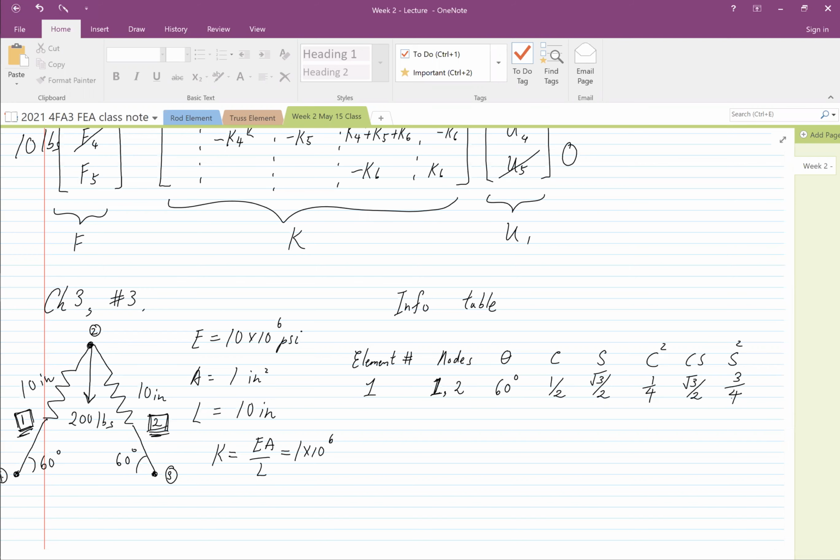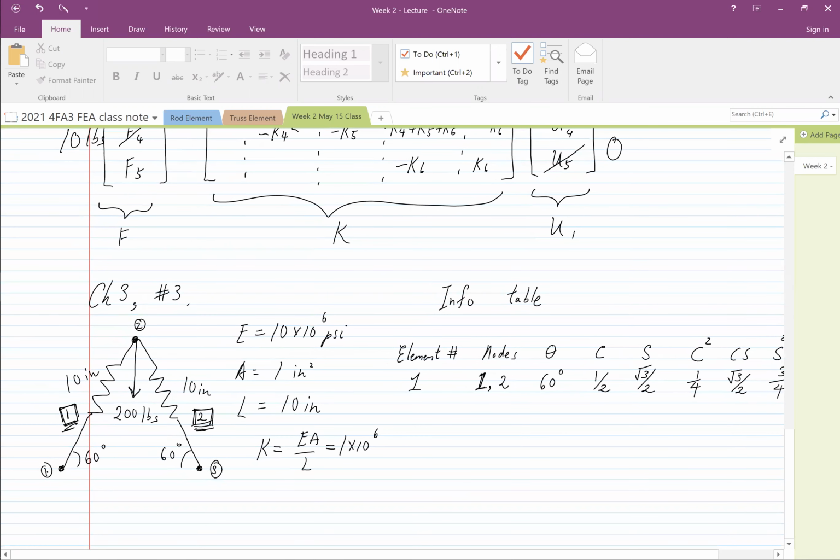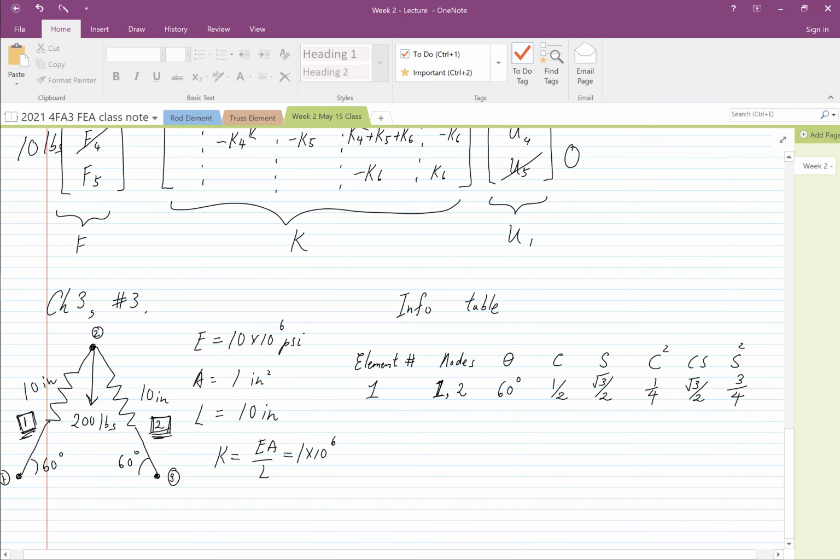It's very important. Wouldn't CS be √3 over 4? That's a cosine times sine, right? My fault. I'm sorry. No, that's fine. Thank you. Good catch. Okay, let's move on. Let's look at element number 2.